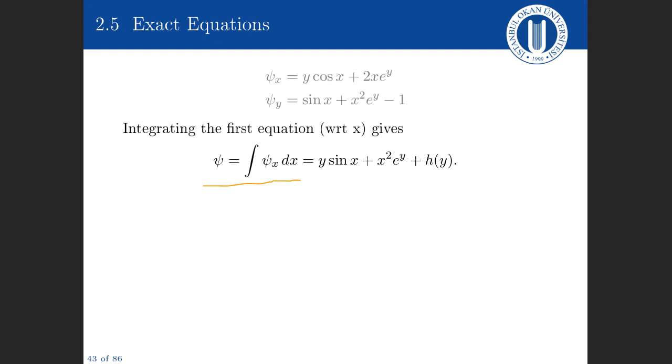Integral with respect to x of cos x is sine x, so I get y sine x. Integral of 2x e to the power y with respect to x is x squared e to the power y.